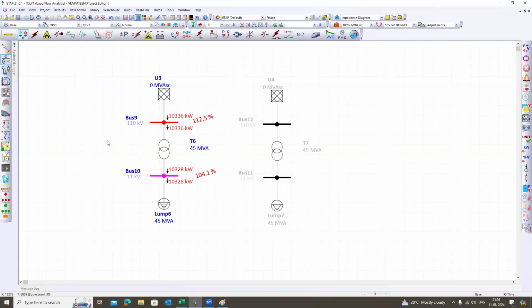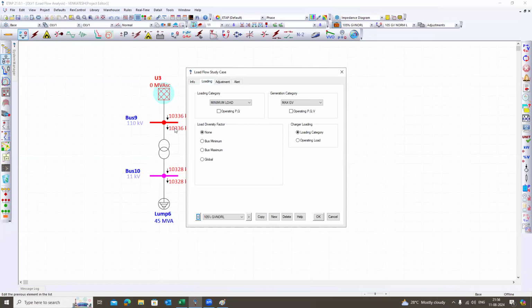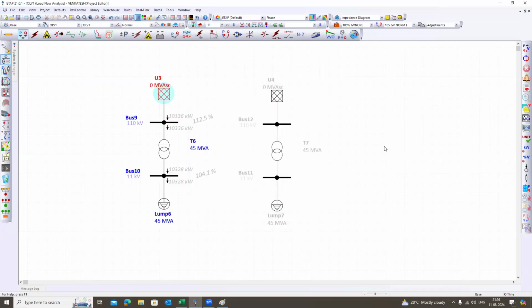So on the negative side, we have to take another scenario, that is the minimum grid voltage. The generation category should be the minimum grid voltage and the loading category should be the maximum. Okay, now run the load flow.